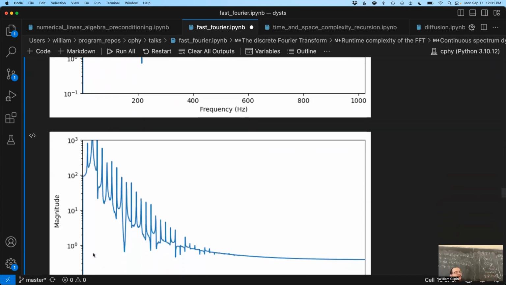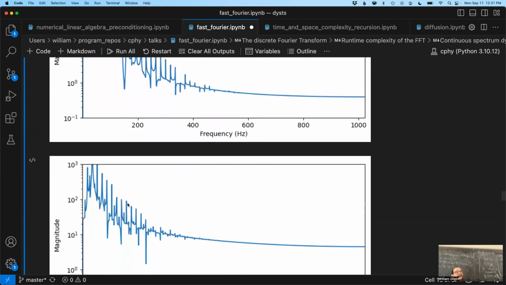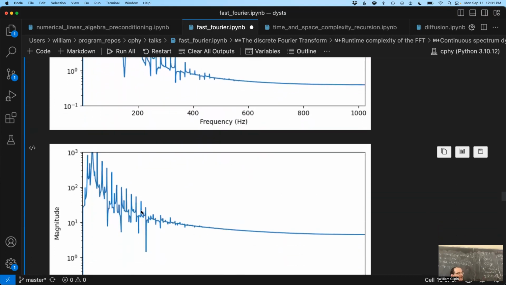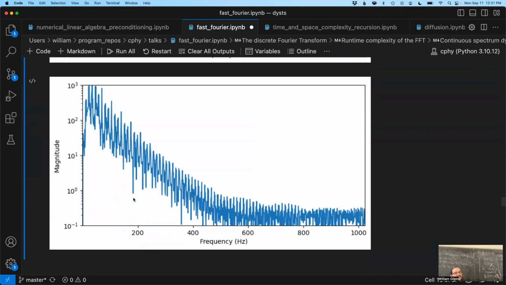Now I go to my period 4 case, I get twice as many harmonics, so that tracks with what we'd expect. I give it my period 8 case. We're starting to run out of resolution, but you can see I'm starting to get additional humps that correspond to that period 8 case. And then I give it the chaotic case, and it's just all over the place.